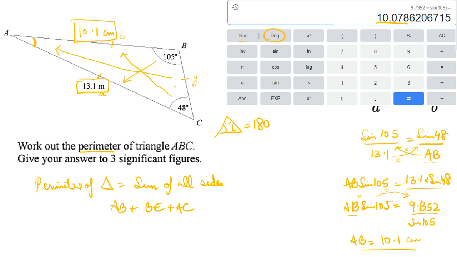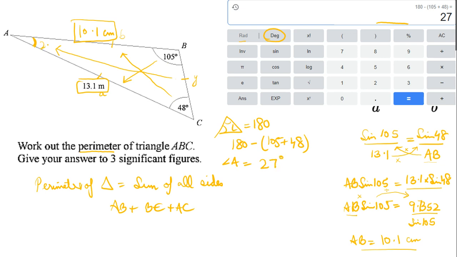If I add 105 and 48 and subtract them from 180, it's going to give me the angle A. So I write 180 minus (105 plus 48), and let's check on the calculator. It gives me 27, which means my angle A is 27 degrees.